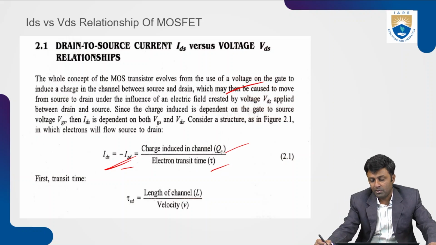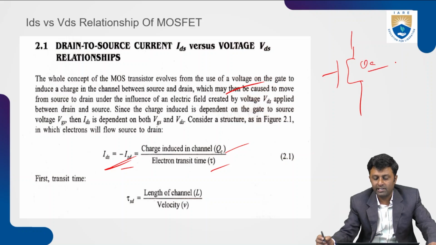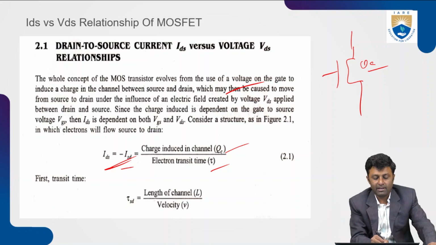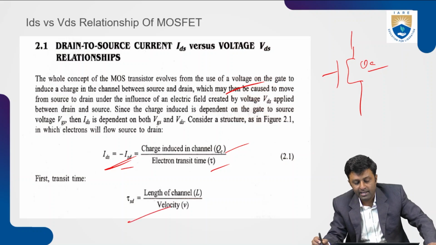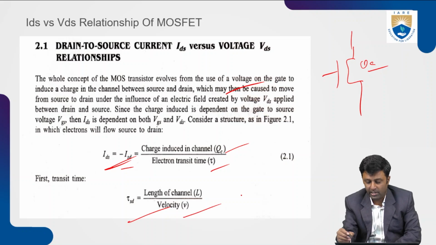the electron transit time. The current flowing in the transistor depends on the ratio of the charge induced in the channel divided by the electron transit time, and the electron transit time is given by the length of the channel divided by velocity. That is why the length of the channel plays a very important role here.